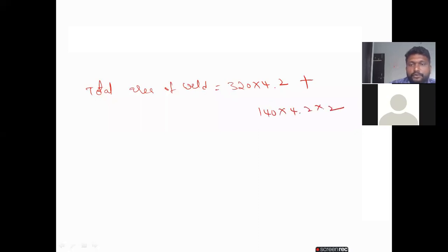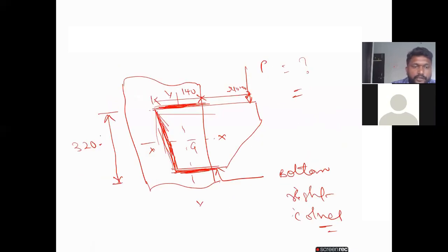So now calculate the total area of the weld equal to 320 into 4.2 plus 140 into 4.2 into 2. So 320 into 4.2 here, 4.2 is the thickness or width, whatever it may be.